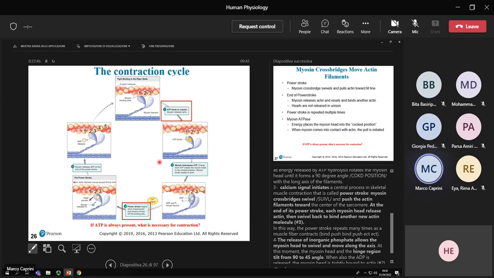The calcium ions are not always present in the cytoplasm of the muscle. Again, remember, a few numbers that we need to know. What is the concentration of calcium inside the cell? What is the concentration of calcium outside the cell? Always the same question. I know that I'm bothering you a little bit, but some numbers are important to remember.